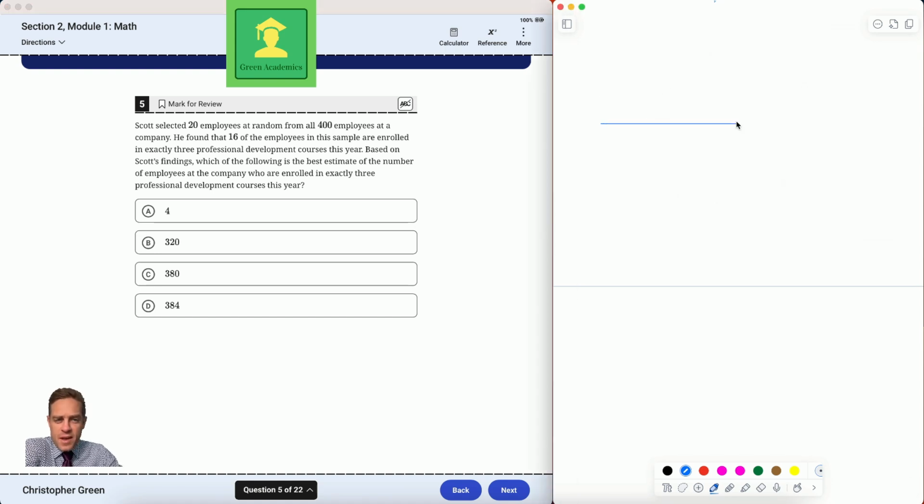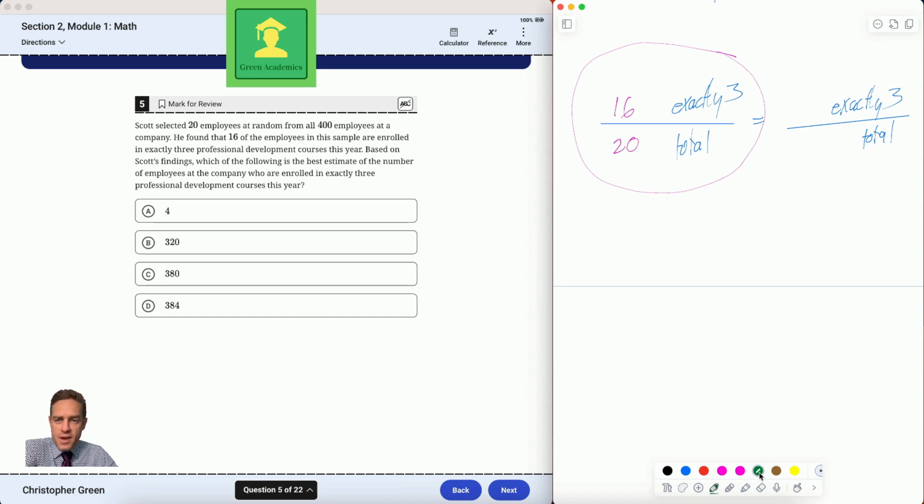So it's basically this: exactly 3 out of total is exactly 3 out of total, just like setting up a proportion as we did a moment ago. So if the left-hand side here is the sample, that's 16 of them out of 20 that were in the sample.